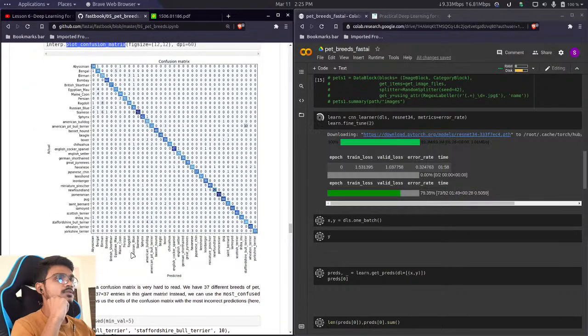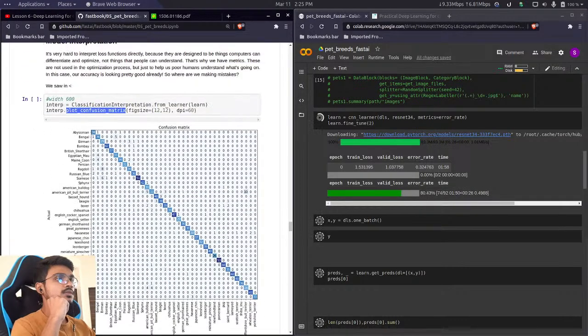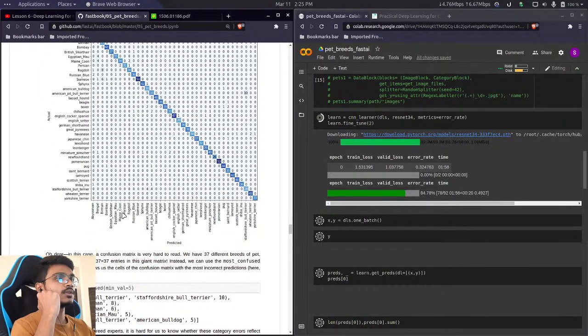Confusion matrix. Okay. So in the case of pet breeds classification, we have in total 37 different breeds of pet, which means the confusion matrix gets much more complicated, and it is very hard to determine from this image.